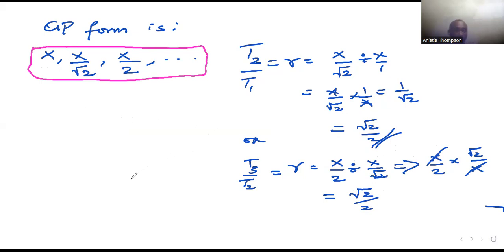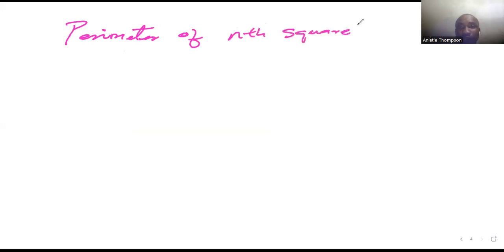So now, how do we find the last part of the problem? Now, the last part of the problem said we should find the perimeter of the nth square. How do we find the perimeter of the nth square? Now, if you have a square, perimeter is the sum of all the sides here. So for example, for the first square, which the length was x, perimeter P must equal 4 times x.